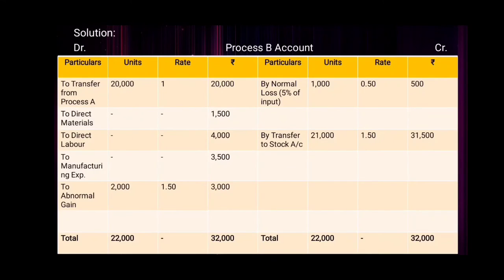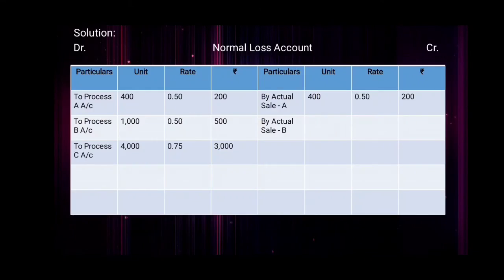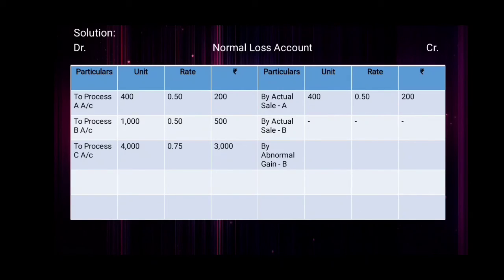For process B account, we have abnormal gain. So by actual sales for process B will be nil. By abnormal gain of process B, 1000 units at the rate of 0.50, total amount being 500.